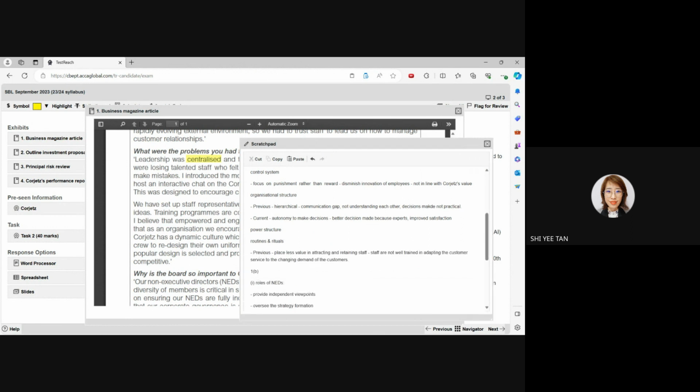Centralized means what? All decisions made by headquarters, right? It means top management will make all the decisions. So the departments or lower level employees are not given the power. That's why it's related to power structure, right? Leadership was centralized.